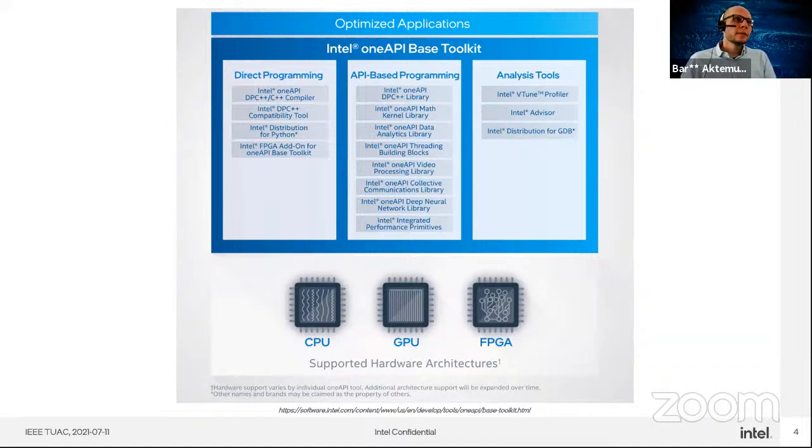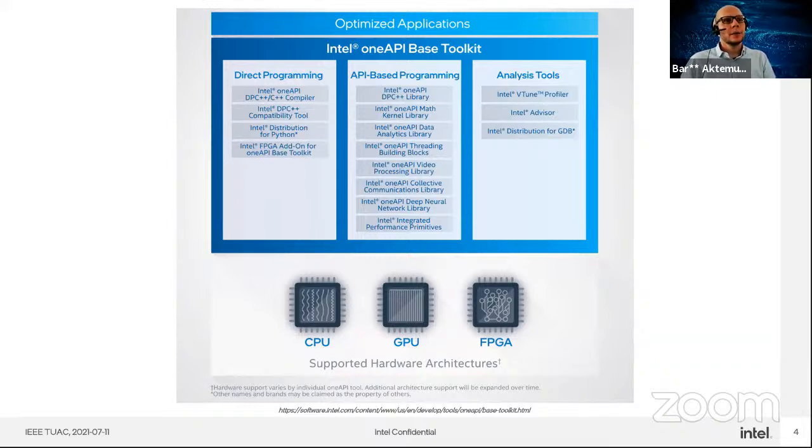So the base toolkit contains things like, for instance, the ability to do API-based programming. What this means is that there are components such as the math kernel library, threading building blocks, or a deep neural network library.